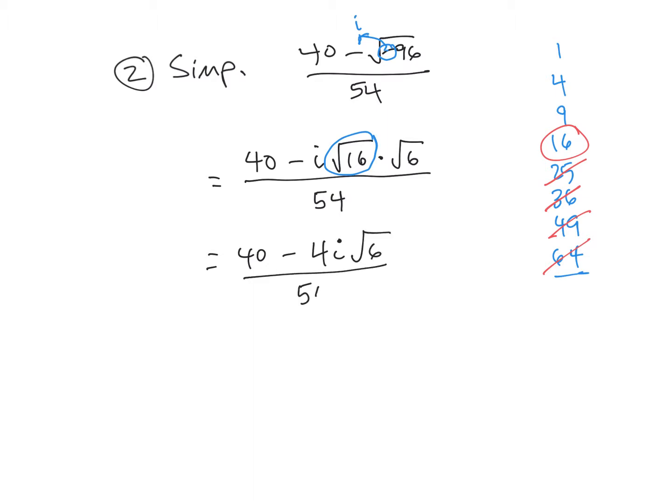divided by 54. Okay, so if this is me doing it my way, I would then look at the 40, the 4, and the 54. My outside numbers, are they all divisible by something in common? They are. The biggest number that they're all divisible by is 2. So I'm going to divide them all by 2.